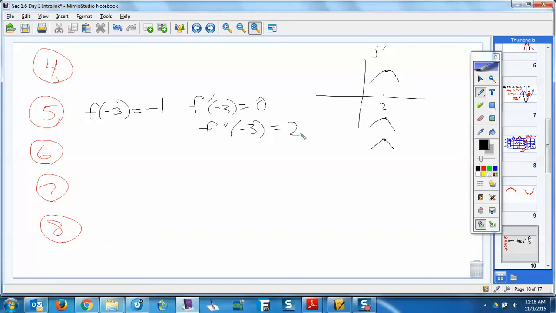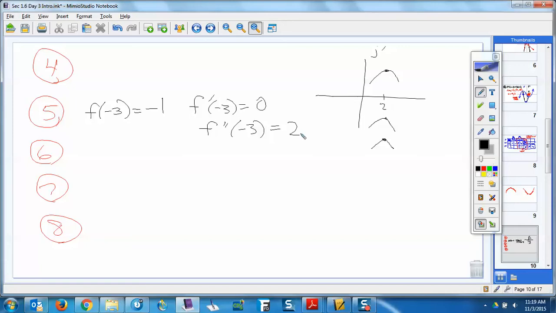They give you this information and they ask if you have a local minimum. Do you have a local minimum with just this information? It's one of the reasons I like this book, because they really ask these questions in different ways to make you ask, do you really understand what's going on?